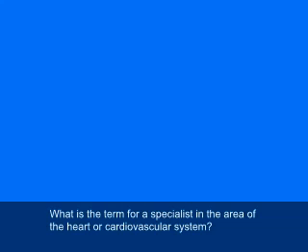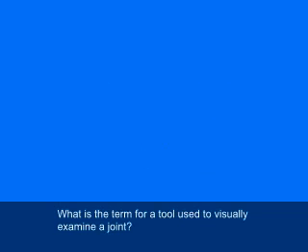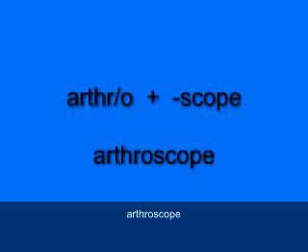What is the term for a specialist in the area of the heart or cardiovascular system? Well, that's a cardiologist, C-A-R-D-I-O-L-O-G-I-S-T. What is the term for a tool used to visually examine a joint? Well, that would be an arthroscope, A-R-T-H-R-O-S-C-O-P.